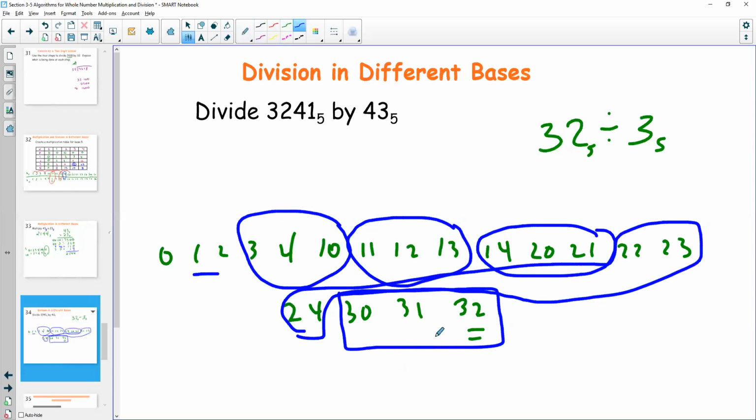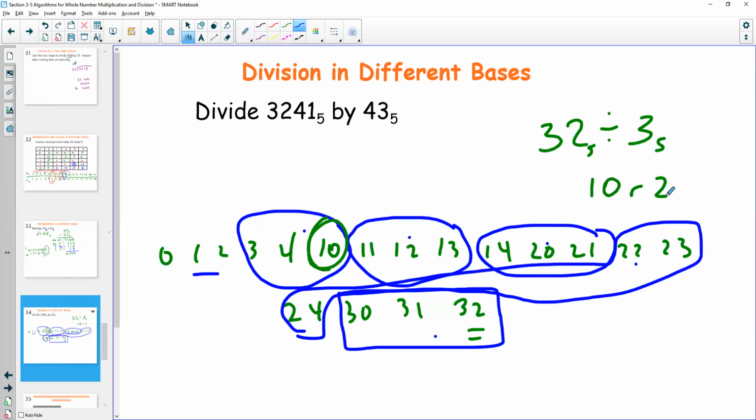So how many 3s do I have? 1, 2, 3, 4, 5. I have 5 3s, but in base 5, that's the same as being worth 10. So the answer here is going to be 10, remainder 2. Okay? So you can think about division as grouping when they're small like this.